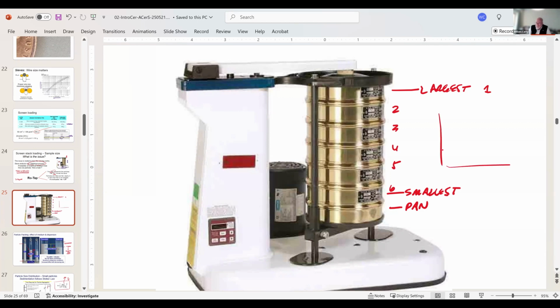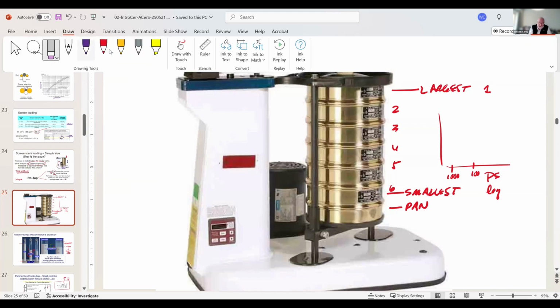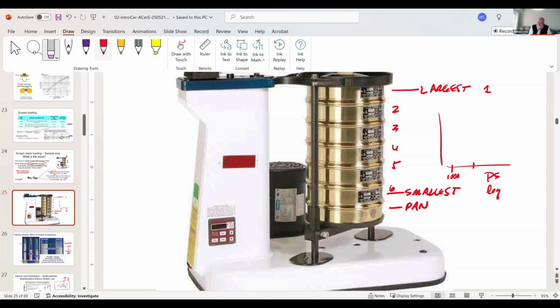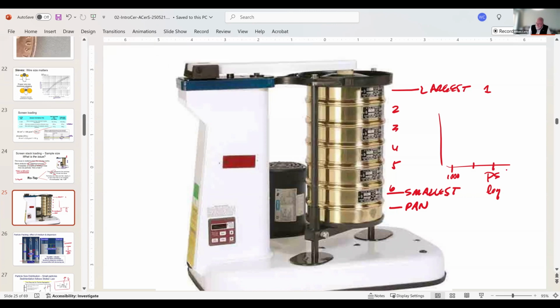I have particle size. This is log particle size. So I have 1,000 here, 100. Okay, well, I should do that a little bit differently, but not by much. Here's 100. This is 300.